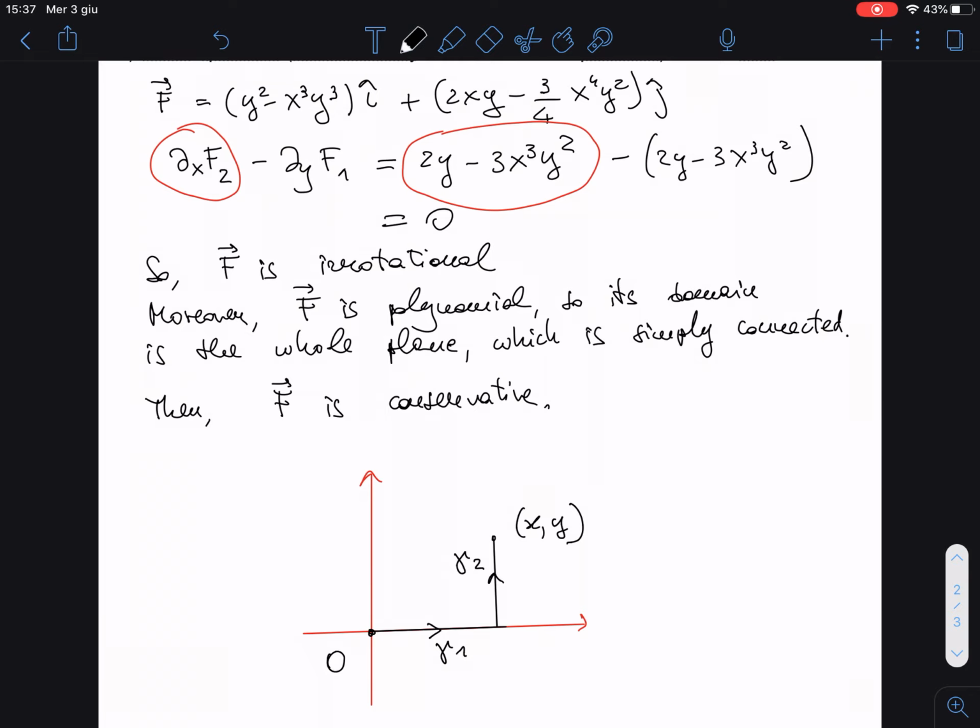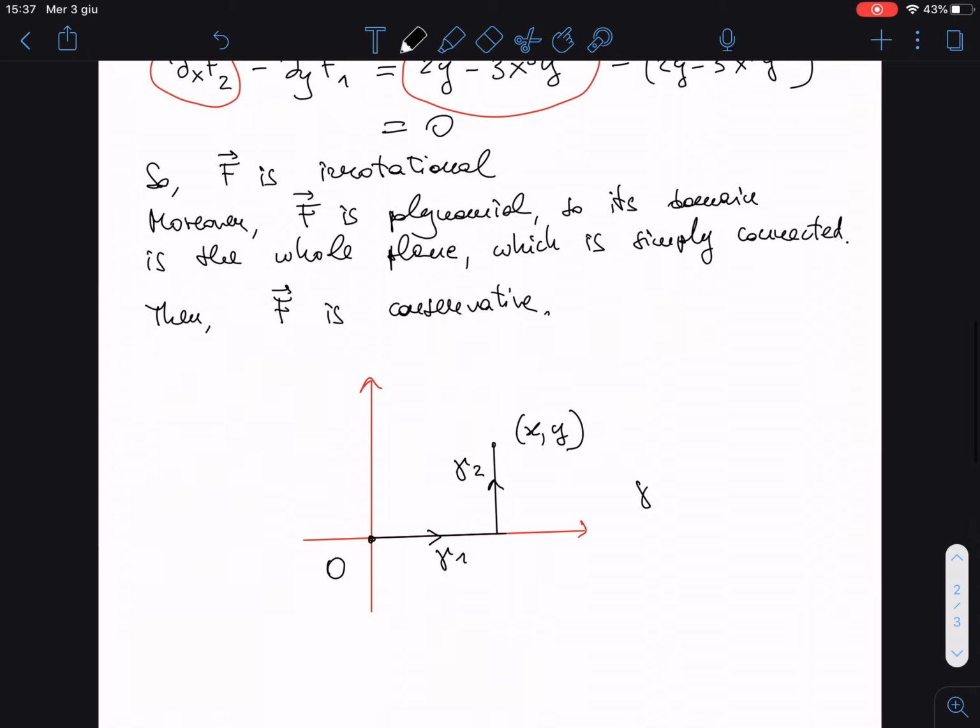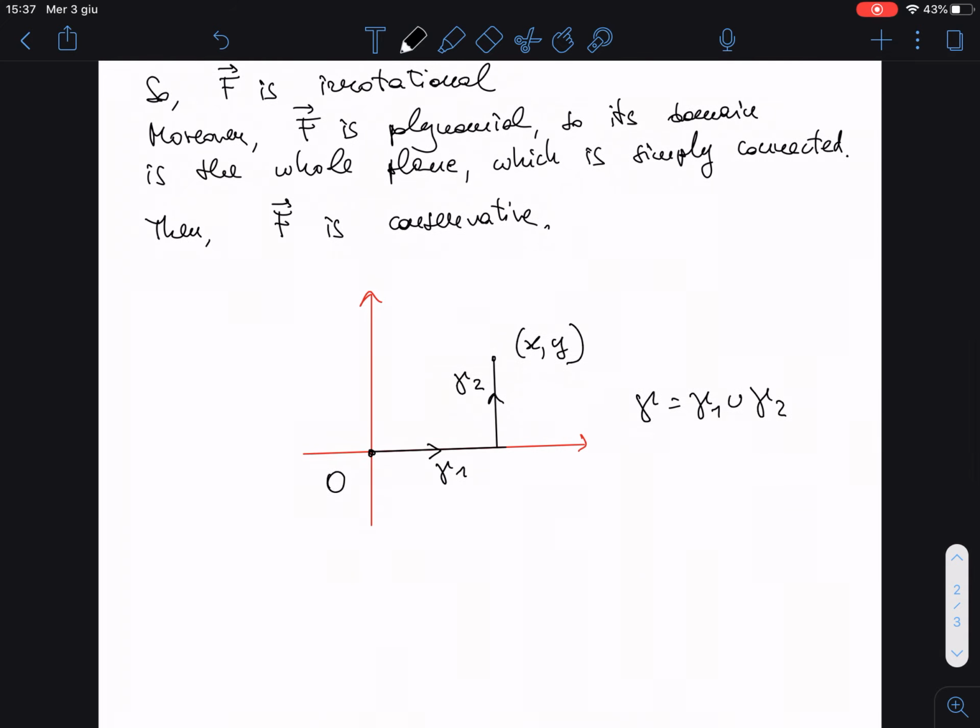And then gamma we define as gamma 1 union gamma 2, and then we define the potential u(x, y). We know that it exists because we already established that the field is conservative.